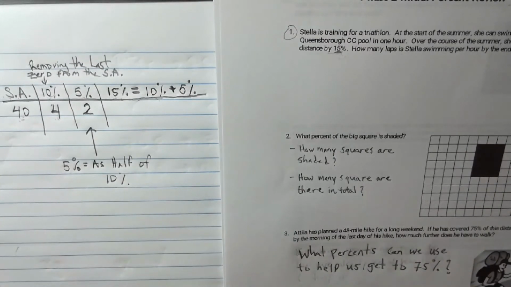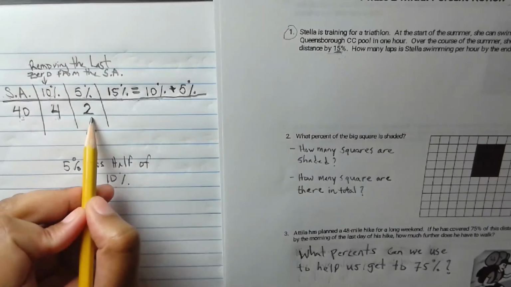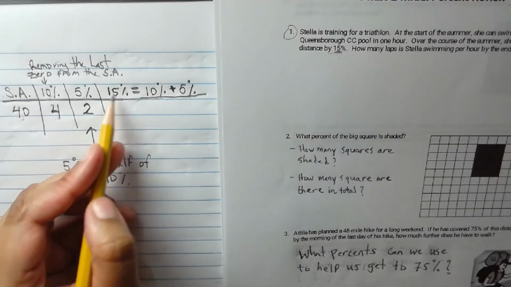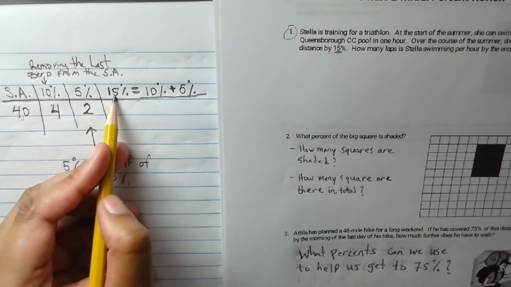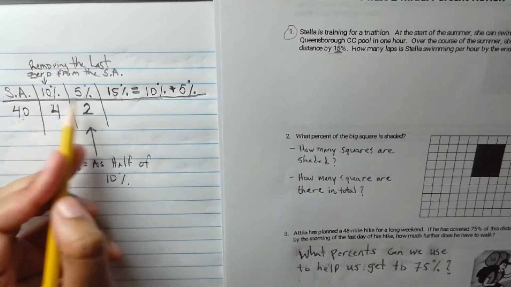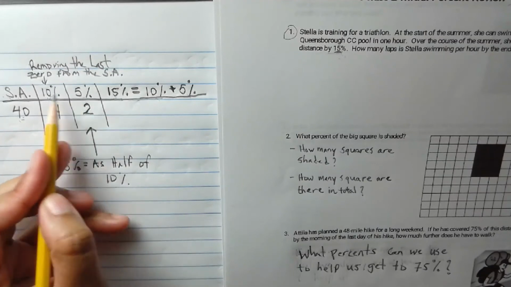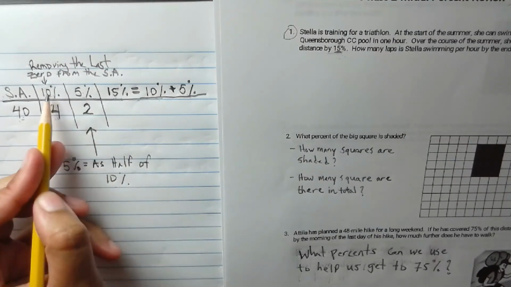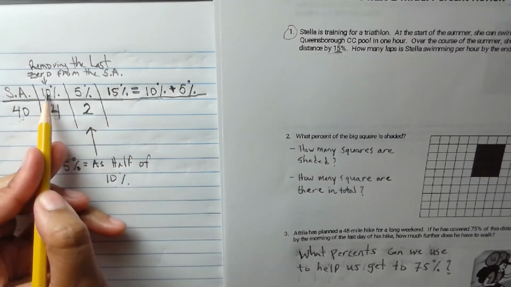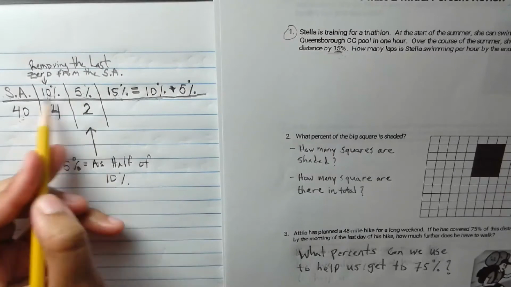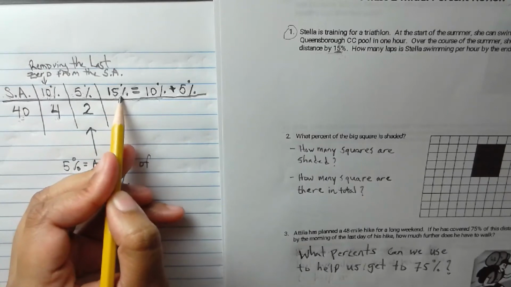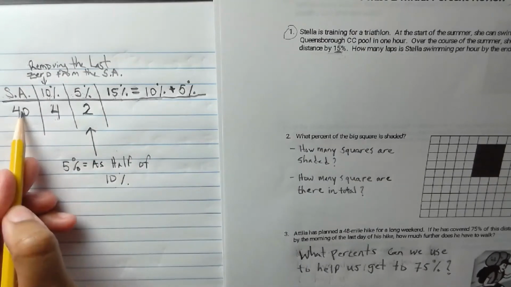Okay, so what do we do now? How do we find 15%? Because that's what we really want. We want 15% of 40 according to the question, not these. This 10% and this 5% were our benchmarks. These are the things that we used to help us to get to that. Okay, so combining these two together will help us to gain the 15% of this 40.